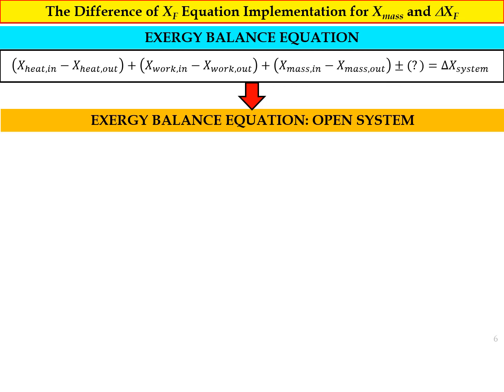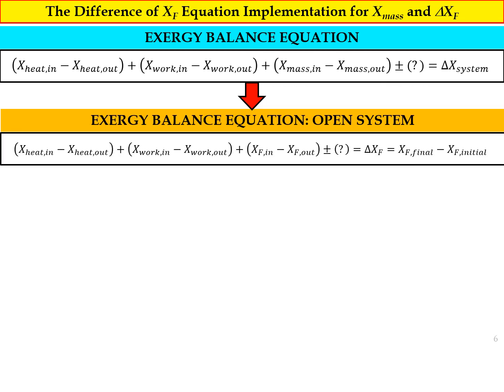So from the exergy balance equation of the open system, we use the symbol Xf in minus Xf out for mass, and it is equal to delta Xf.